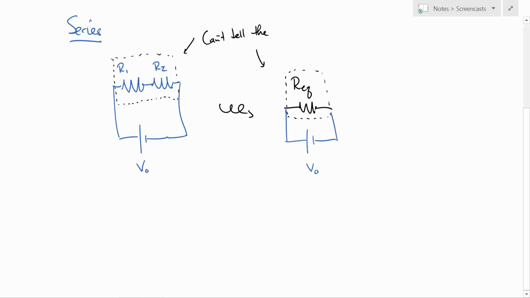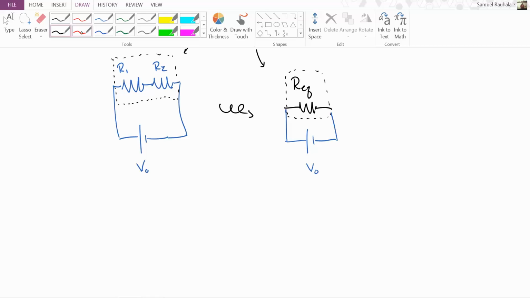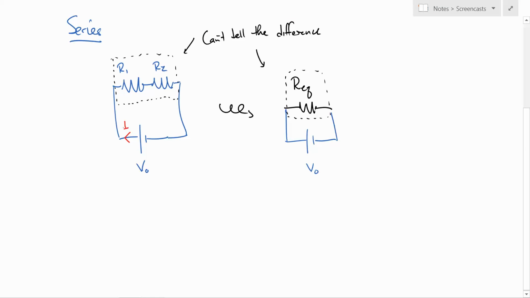I wouldn't be able to say if it were the two resistors or the one resistor. As far as the circuit is concerned, they operate the same way. So what does that mean? That means that there is the same current I flowing in both of these circuits, and that I would measure the same voltage across this black box in both circuits. It'd be V0.